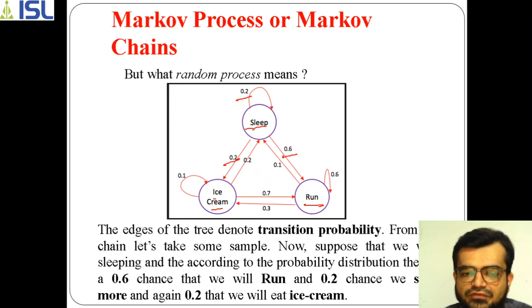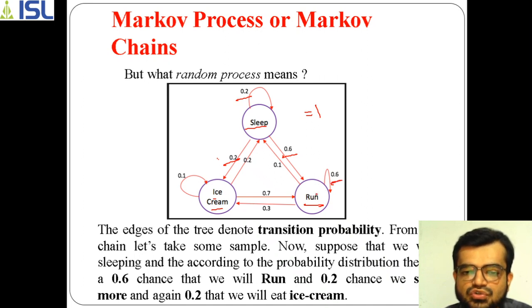That means if you observe from the sleep state, the overall probability is 1. How? 0.2 plus 0.2 plus 0.6 gives you 1. Similarly, in the run state, if you prefer to keep running, the probability is 0.6.